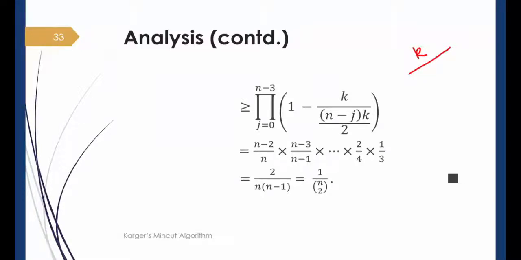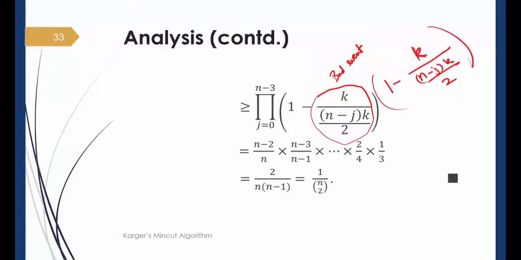So this is the probability of the bad event, which would be that we pick an edge from C star. There are k edges in C star, and for a particular j, the total number of edges we have is this quantity. This is the probability of the bad event. Now, we are considering the good event, and therefore, 1 minus that.